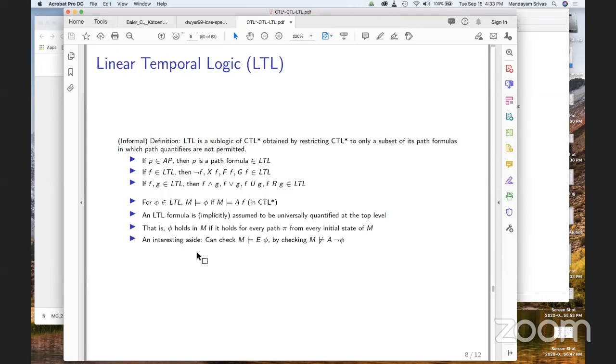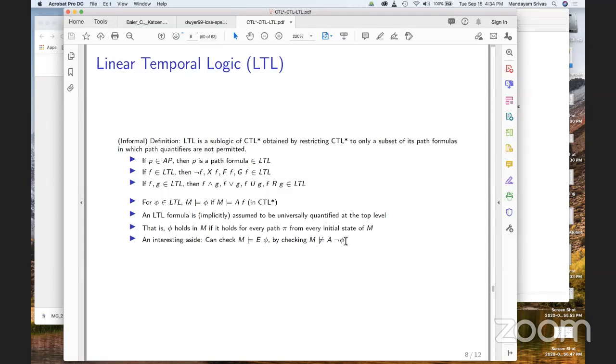Here is an interesting aside. Although, as I just said, implicitly there is an A, you can also check for an LTL formula if there is an exists quantifier, by checking whether A applied to not phi is satisfied by M. That is, you take the negation of the LTL formula and check if it is satisfied by M, which implicitly means putting an A. If that is not satisfied, then what does that mean?